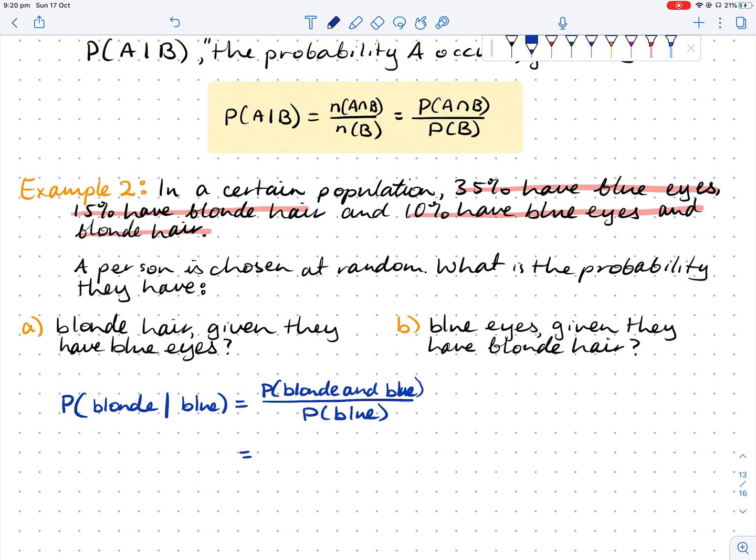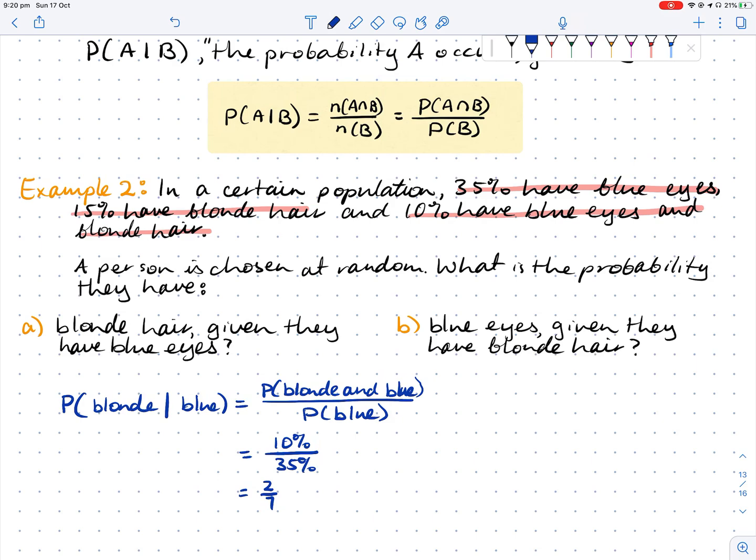The probability that they have blonde hair and blue eyes is 10%. The probability that they have blue eyes is 35%. And then we'll simplify this. 10% divided by 35% is 2 out of 7.